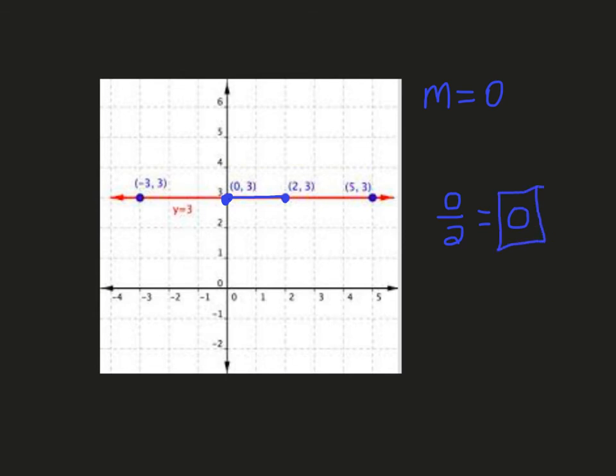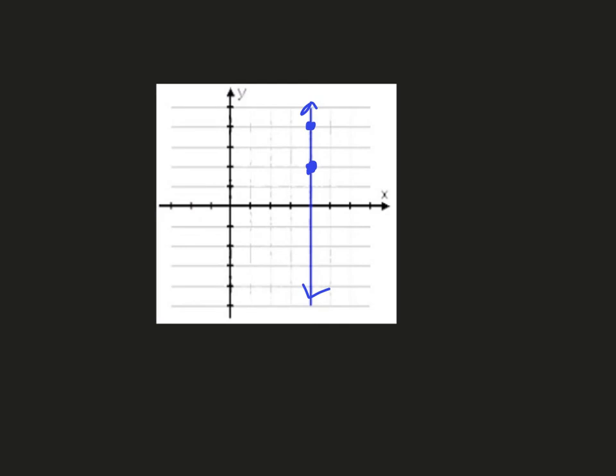Now, this next one's going to be a little tricky for you to understand, but we'll do plenty of examples. First of all, a pet peeve of mine is drawing lines and not putting arrows on them. So let's just suppose I chose these 2 points. This is a straight vertical line, and it's going to have a weird answer. If I'm going from this point to this point, my rise is 2. Now, what is my run? Am I going anywhere left or right?